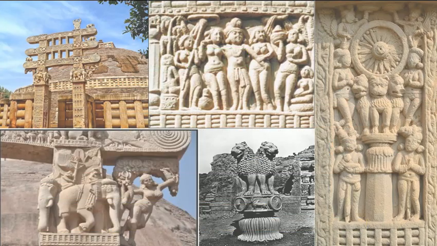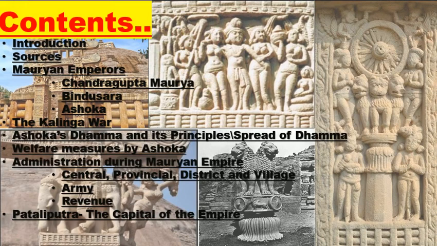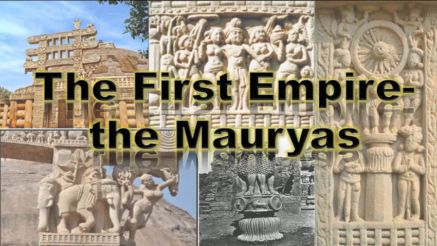Coming back to what we have read today, let us recapitulate everything and sum up. Till now we have read about the sources of the Mauryan Empire: the Indica of Megasthenes, the Arthashastra of Kautilya, and the rock and pillar inscriptions along with coins are the main sources of information.